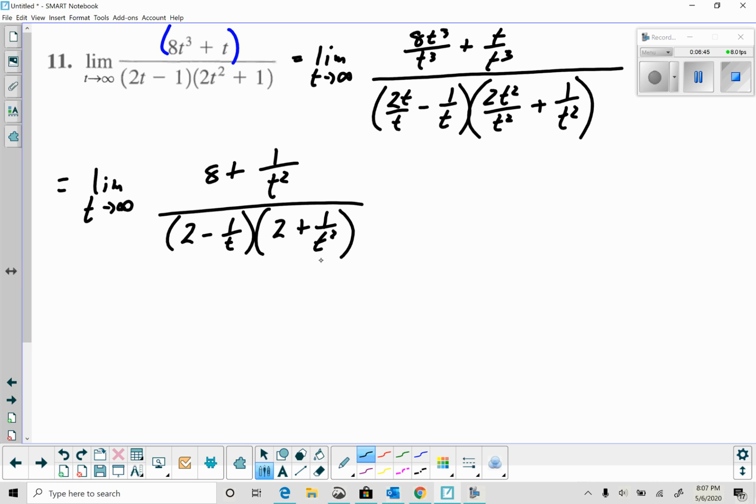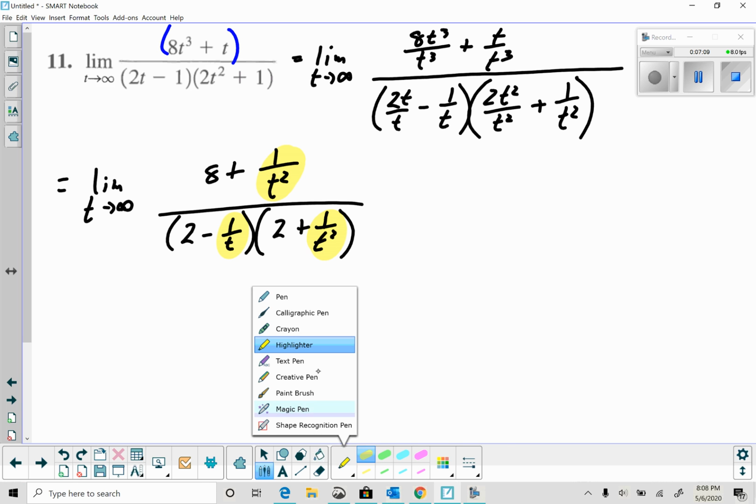Now again, we could go through and write this out doing the limit of this term plus the limit of that term, and then my denominators and all the rest of that. But realize here, again, 1 over t as t approaches infinity becomes 0, this term becomes 0, and that term becomes 0.